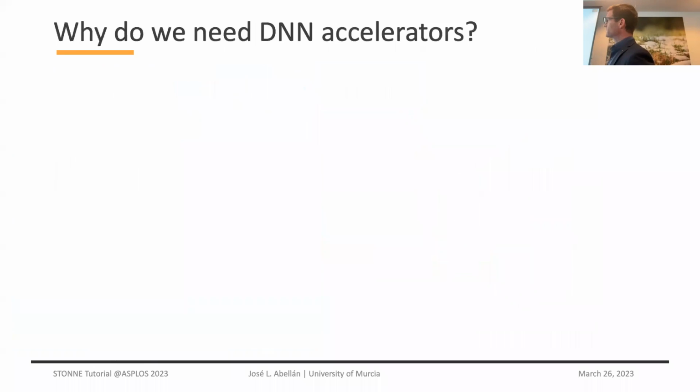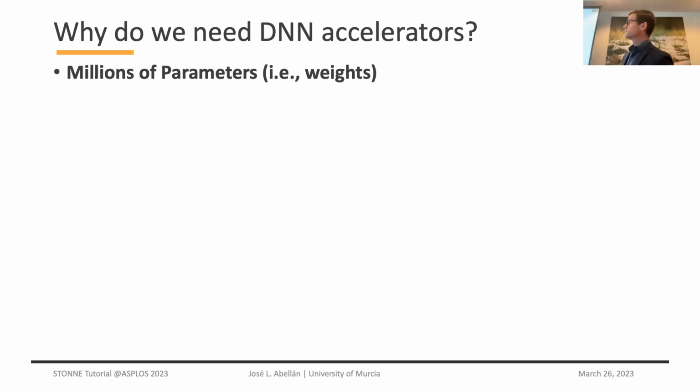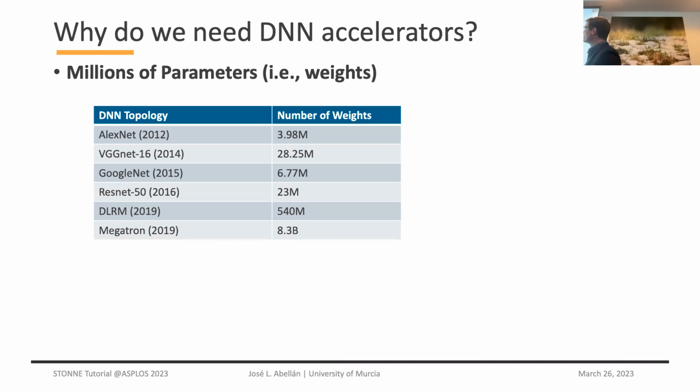So why do we need DNN accelerators? First of all, we need to compute millions or even billions of parameters, for example the number of weights in different state-of-the-art DNN models. This means there is a need for lots of parallel compute.